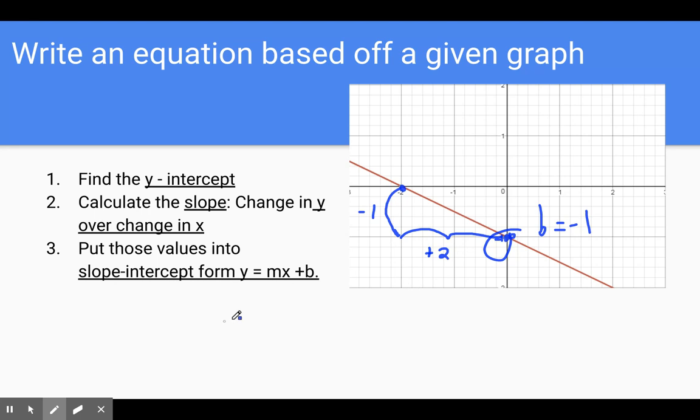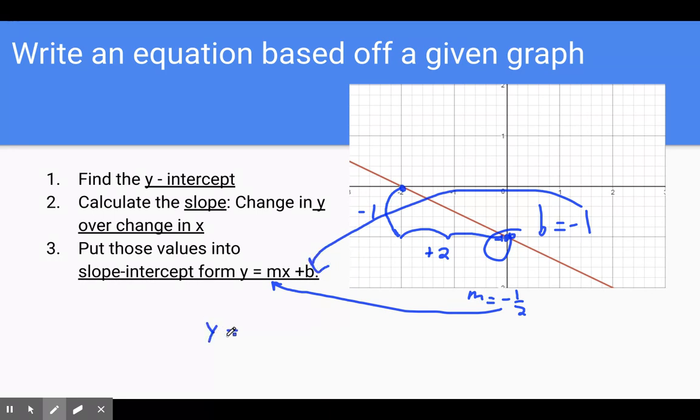So that means that m, or our slope, is -1/2, which means that if we just plug these into our equation, plug -1/2 in for m, plug in -1 for b, we get y equals -1/2 x minus 1 is your equation.